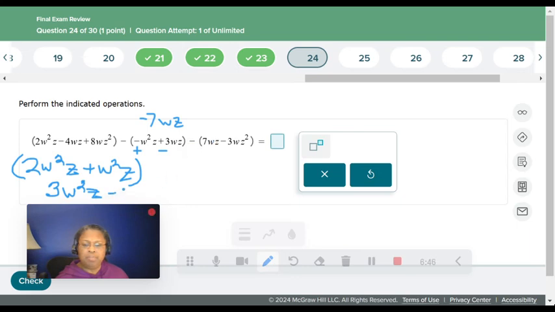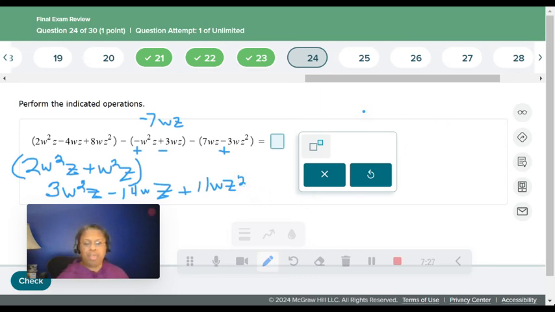So that's going to be minus 14WZ. And finally, we have 8WZ squared. And we don't have anything here with that. But we have the last one over here. And again, we have a minus sign. So that changes this one to positive. So we have 8 plus 3. And that's going to give us plus 11WZ squared.